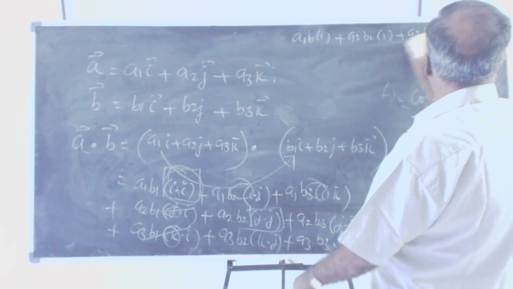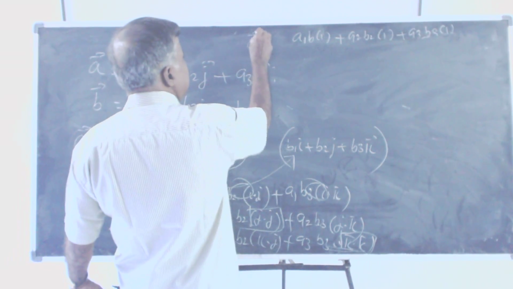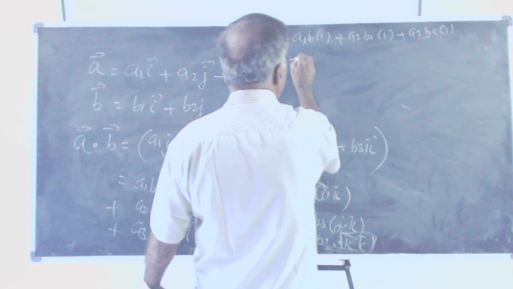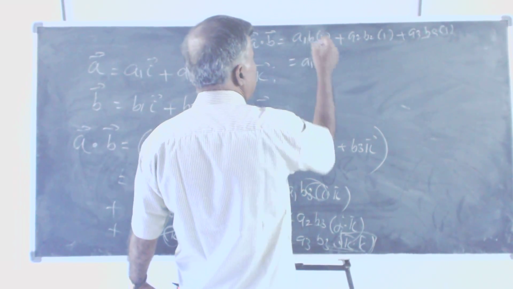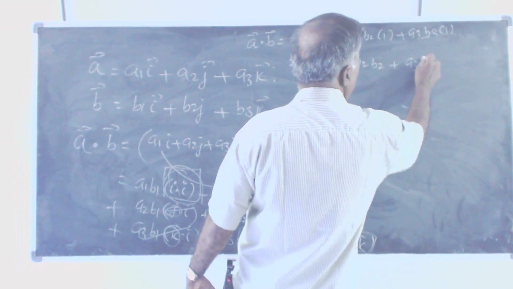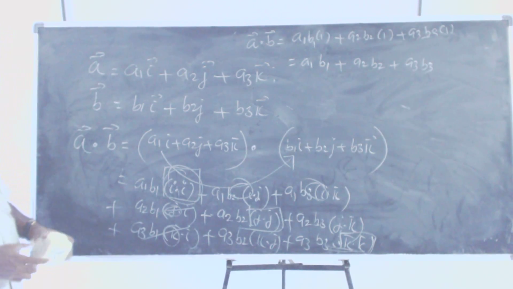So the dot product is nothing but A1 B1 plus A2 B2 plus A3 B3. This is how you calculate the dot product.